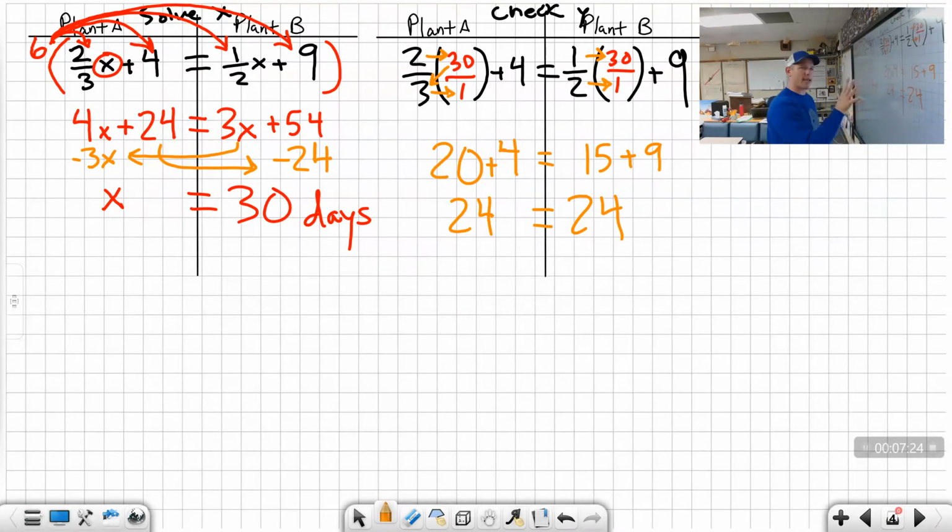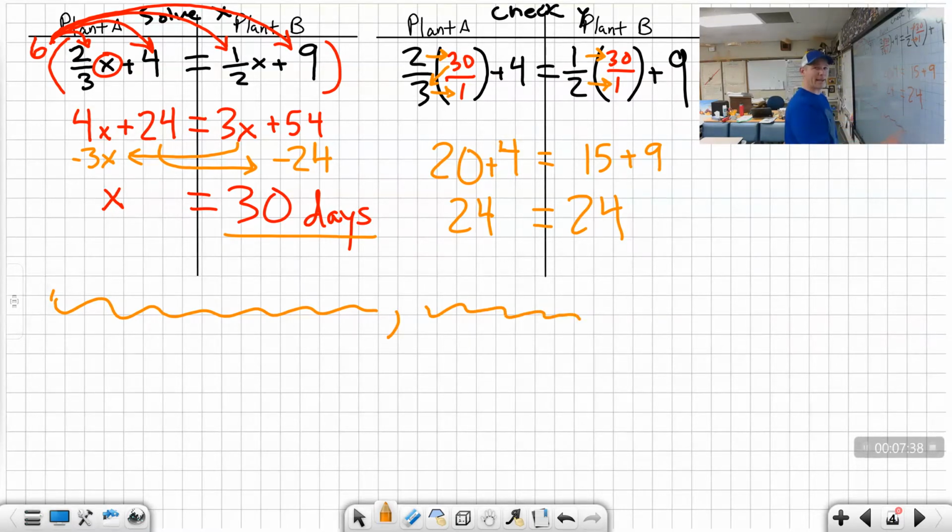I want you to notice in my check, we're going to write a sentence, okay? In 30 days, write the sentence underneath this whole thing. In 30 days, comma, both plant A and B will have 24 inches tall.